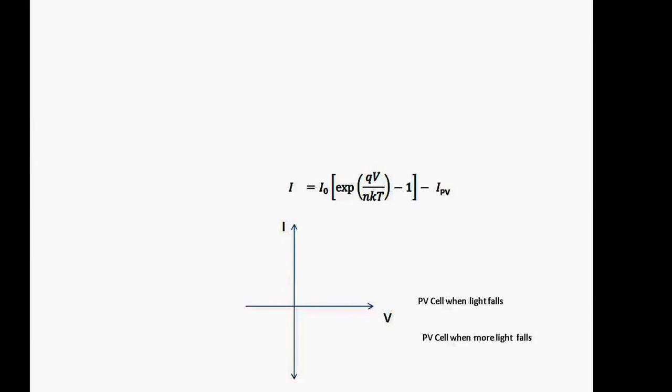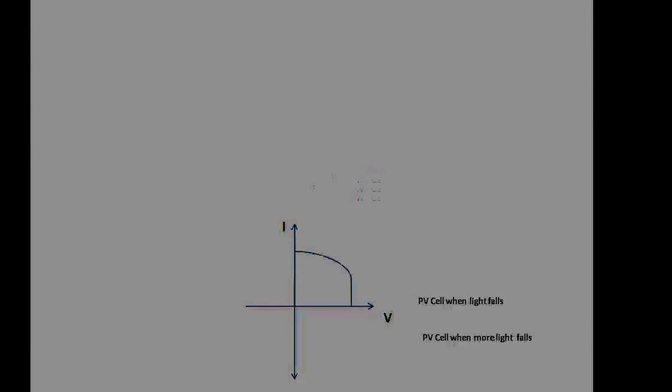According to this equation, I is equal to I naught into exponential of QV by KT minus one, that is the diode current, minus the PV current, which gives us the load current I. PV current means the generating current. So we can rewrite this expression as I is equal to IPV minus I naught into exponential of QV by KT minus one, and we can also neglect the minus one term, so that the characteristics get reversed something like this.